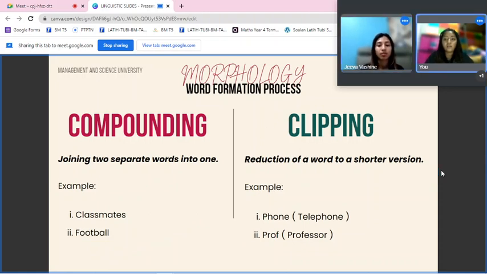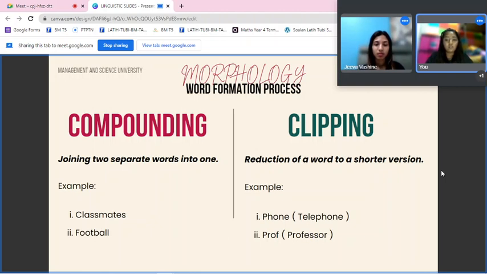Okay, so next will be compounding and clipping. Compounding is actually joining two separate words into one. As you can see, we picked two words from our article, which are classmates and football. Classmates can be separated: one is class and one is mates. And football can also be separated into foot and ball.